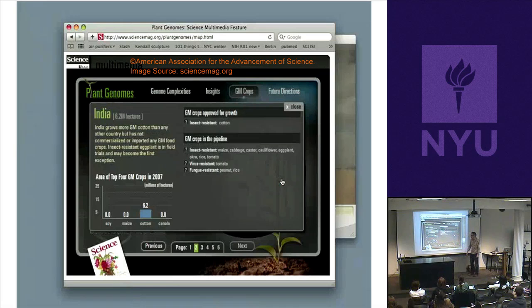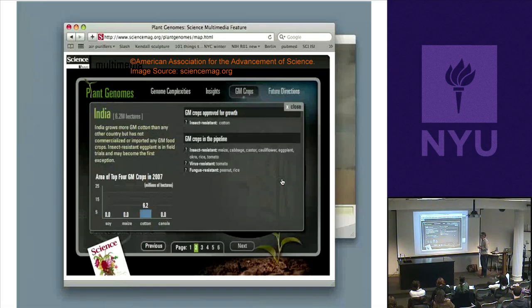You might have read a couple of months ago that there was a big to-do over genetically modified eggplants in India, okay? There was some effort being made to introduce a genetically modified eggplant variety in India. It was very controversial. It looked for a while like the government was going ahead with approval for it, although there was a lot of resistance at the local level.